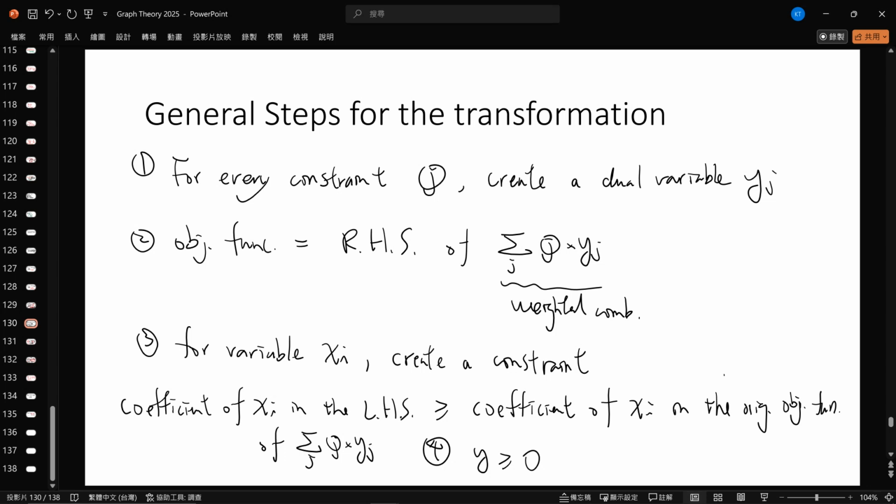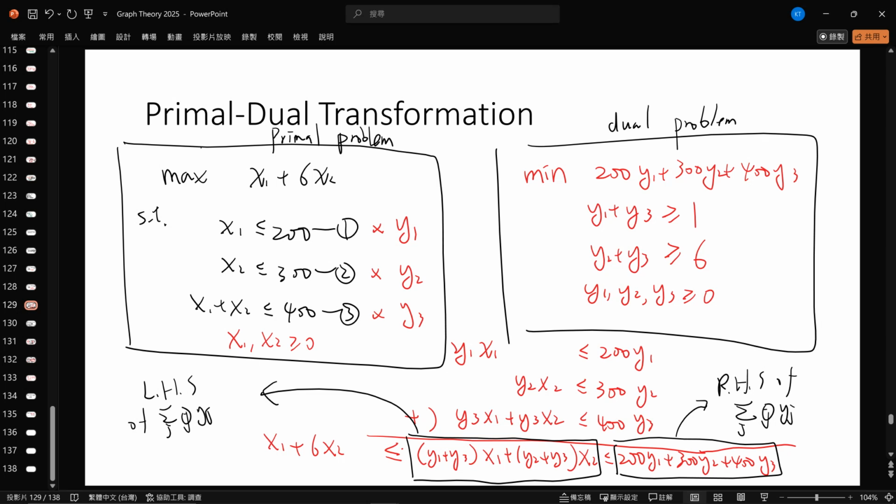The general principle for performing the transformation is, first, for every constraint, we create a corresponding dual variable. Then we compute the weighted combination of the constraints, where the weights are just the dual variables.